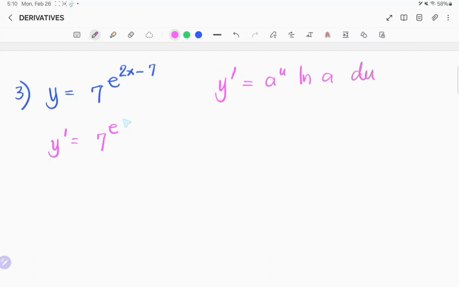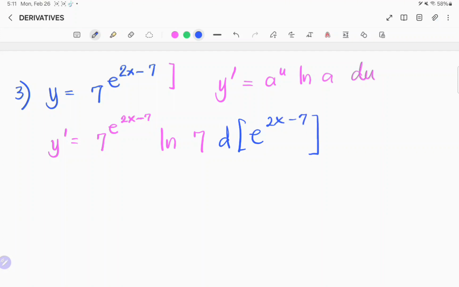That's 7 raised to e raised to 2x minus 7. Ln of 7 times the derivative of u. Our u is e raised to 2x minus 7. So we have the derivative of e raised to 2x minus 7.